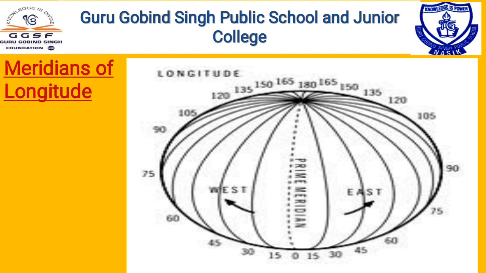Among them, 179 meridians are in the eastern hemisphere and 179 in the western hemisphere. Total 358 meridians. When we include the 0 degree and 180 degree meridians, it is equal to 360 meridians on our earth. Understand? How many meridians? 360 meridians.